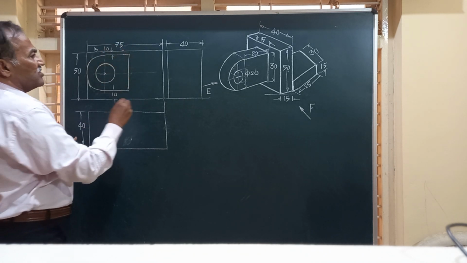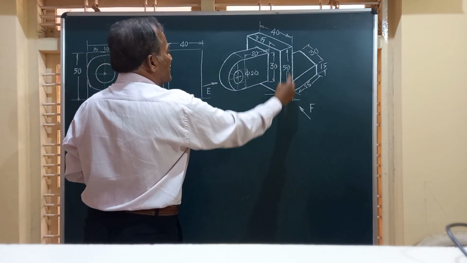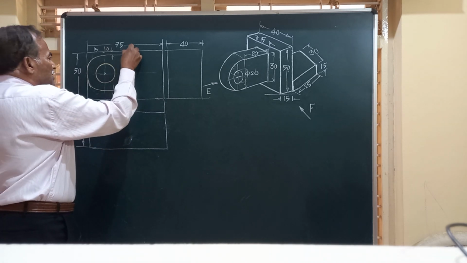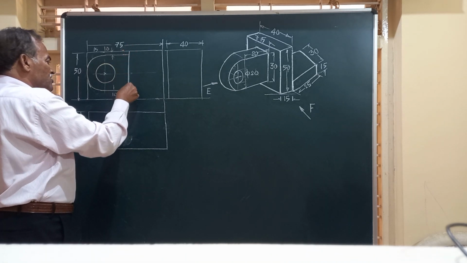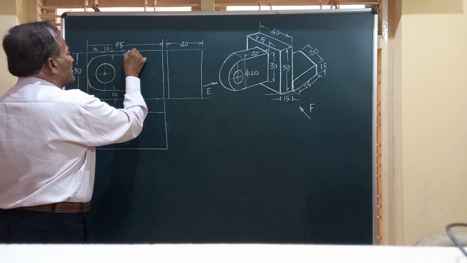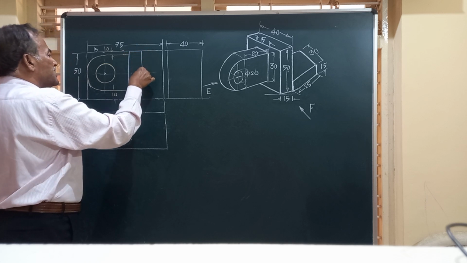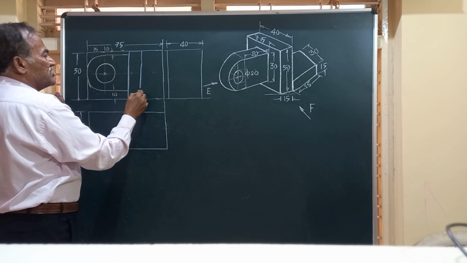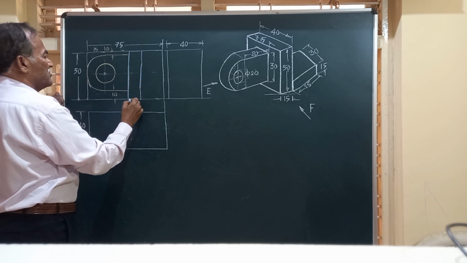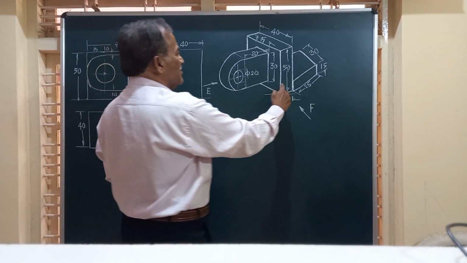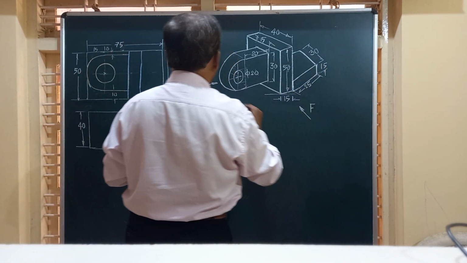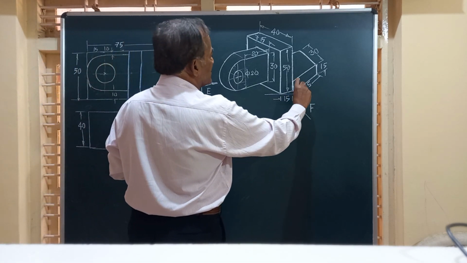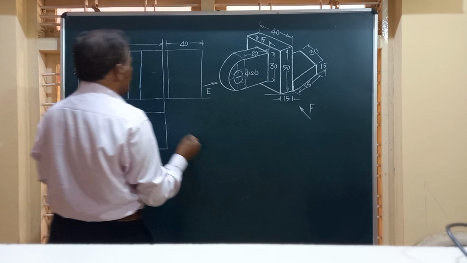Now friends, we are going to have this rectangle 15 by 50. From this point, I am going to draw a rectangle of width equal to 15 and height equal to 50 mm. This is the rectangle we are going to see. From there, you have another one till the end. What is the height of that? From the bottom, it is 15 mm.